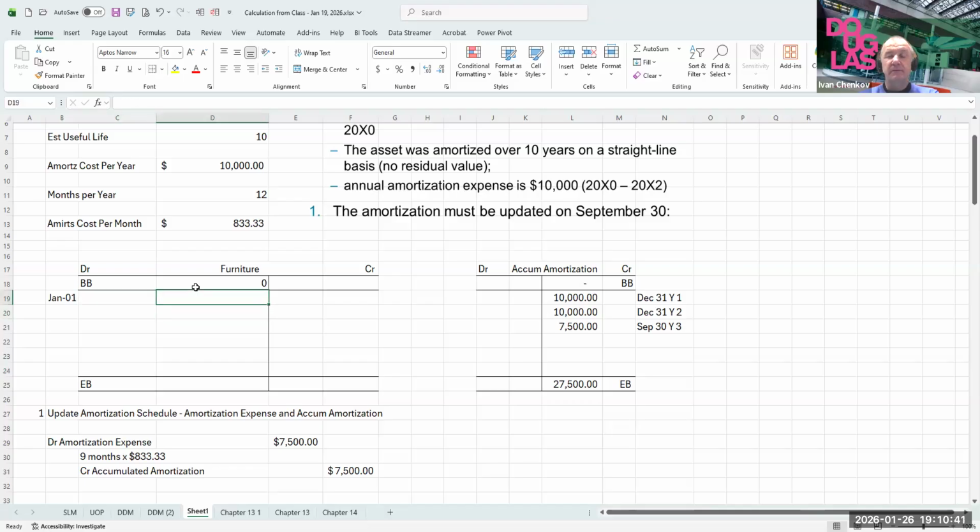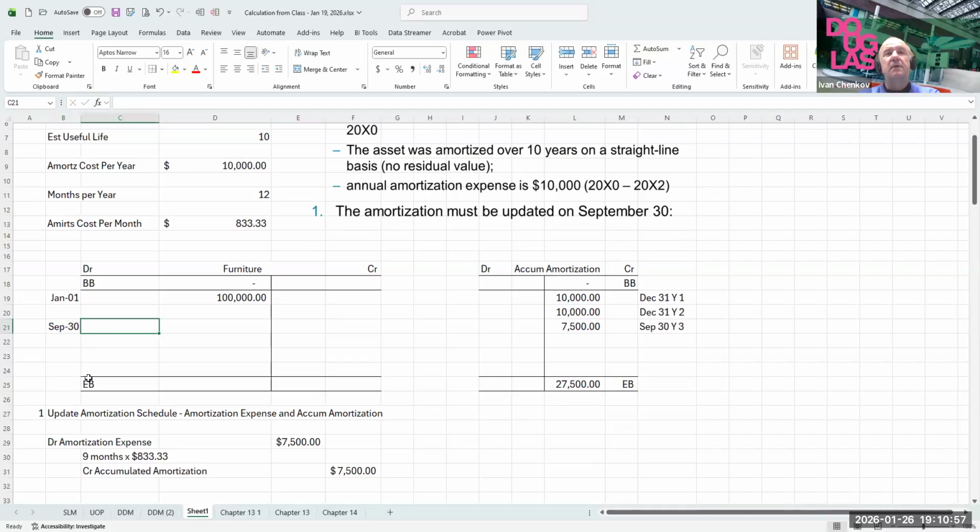Then I have the purchase of 100,000. And then I sold it on September 30th, year 3. So my ending balance has to go to 0 because I don't have the asset anymore.